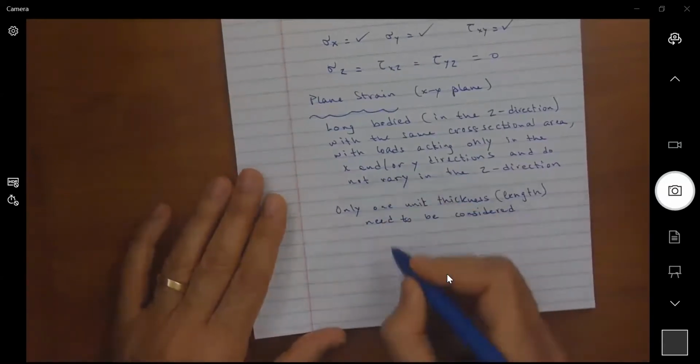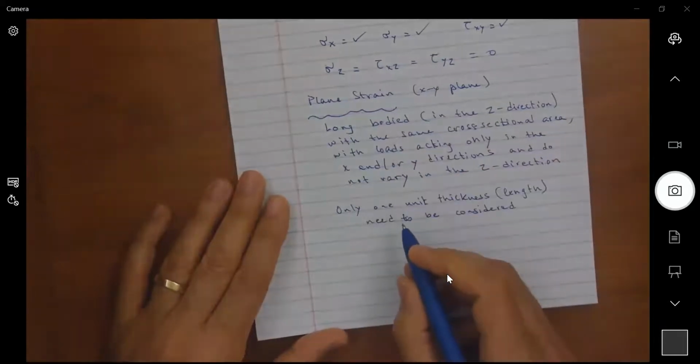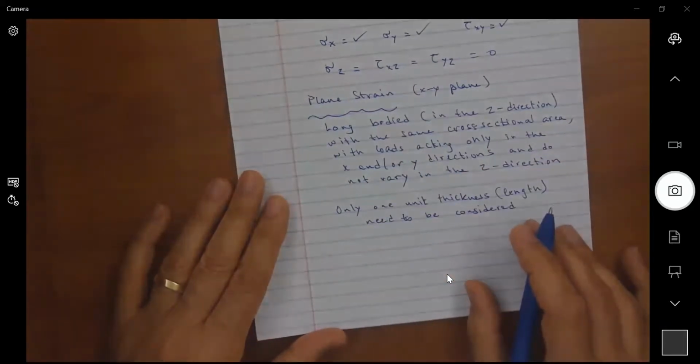And as the name implies, plane strain means that the strains are only going to be acting in the XY direction, and we're going to assume the strains outside of the plane are all going to be equal to 0.